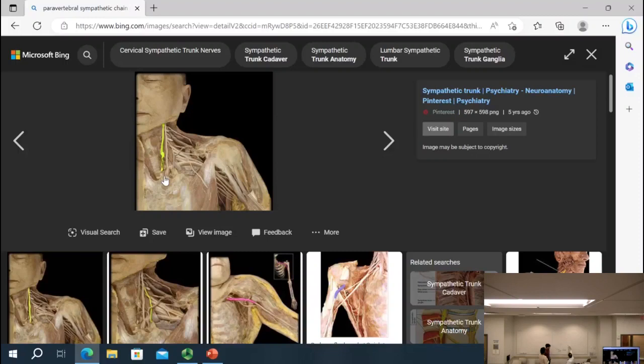Hypothalamus, the brainstem. The sympathetic nervous system neurons. It's the same guy, right? Let's say you want to open up the pupil. Starts here.